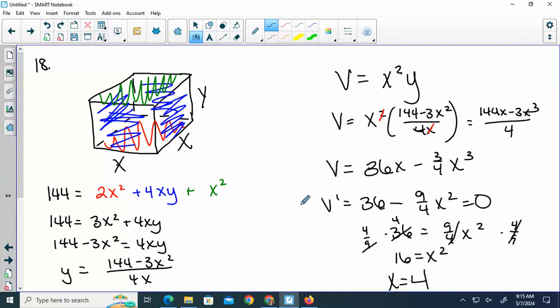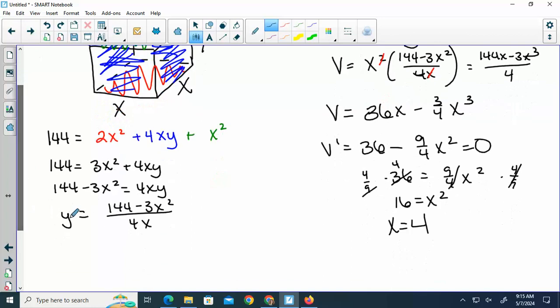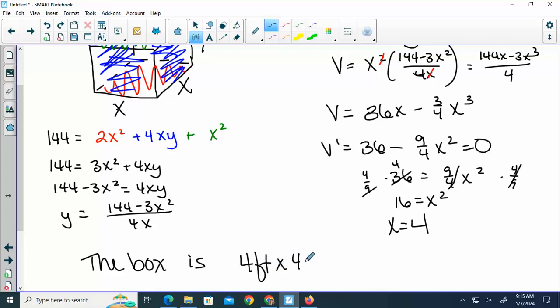So we were asked for the dimensions. So the base is 4 feet by 4 feet. The height, we just plug our 4 back in for the y.